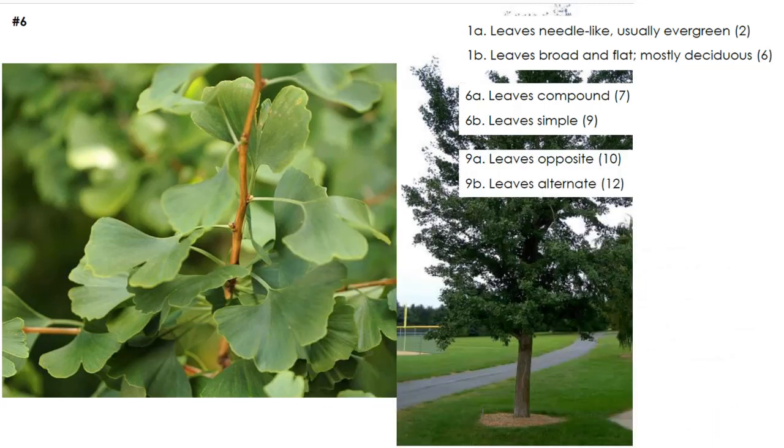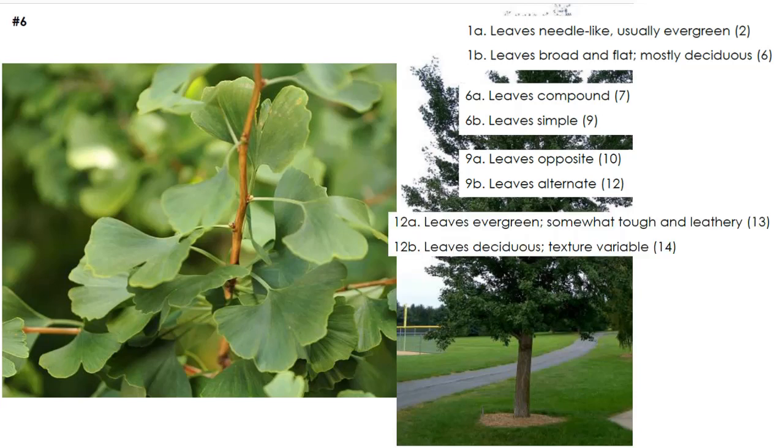Leaves opposite or leaves alternate. These leaves are alternate, so we're going to 12. Leaves evergreen, somewhat tough and leathery, or leaves deciduous, texture variable. These are not evergreen, and we know what somewhat tough and leathery looks like, and we know what tree that was, so this is not it.